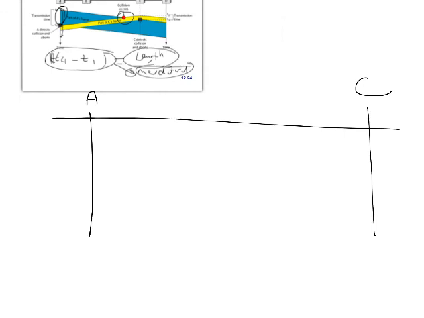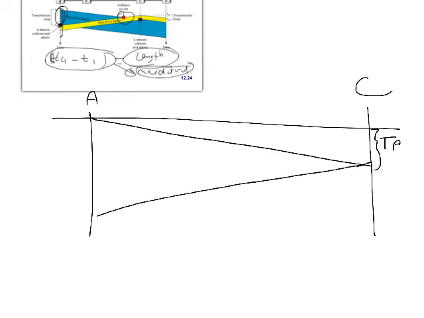So A tries to send at this point, which takes a propagation time. But slightly before that time, C detects the channel and finds that it is idle, so it sends the frame.